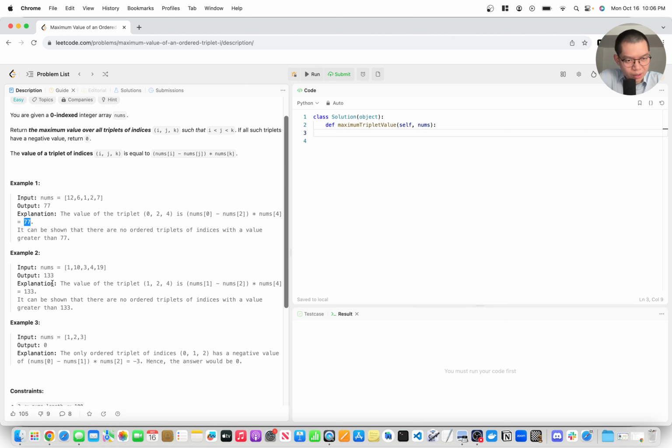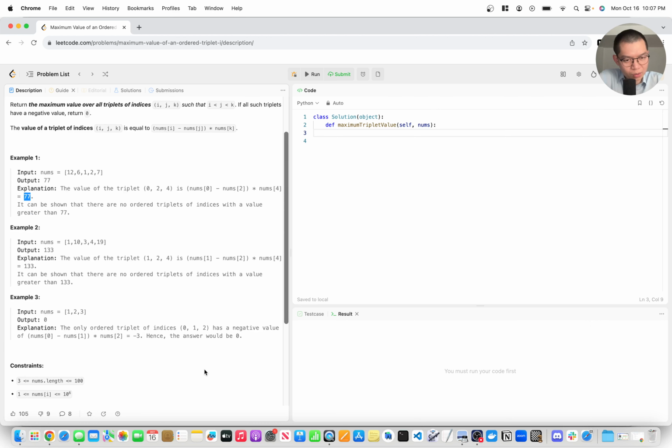The triplet that we found is 1, 2, 4, and the value is 133. Let's take a look at this one. The only ordered triplet of indices is 0, 1, and 2, which has a negative value of -3, hence the answer will be 0.